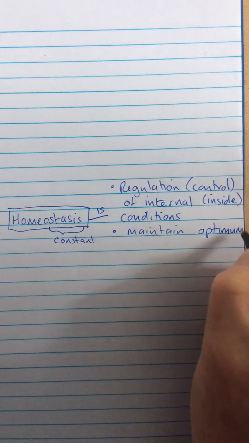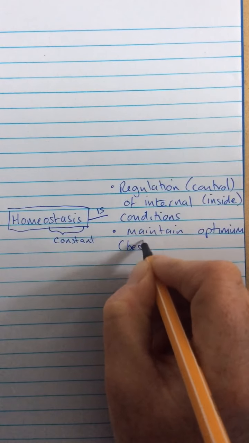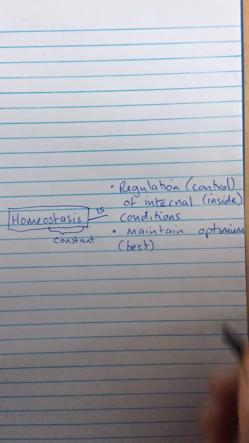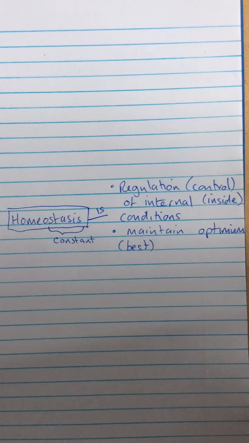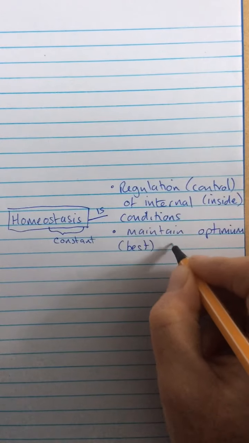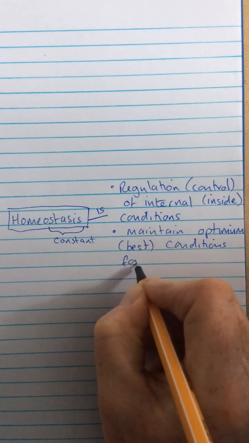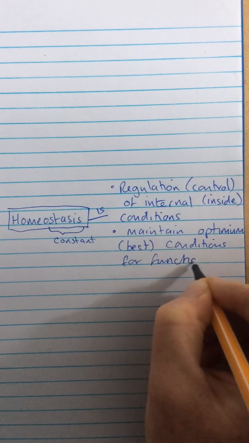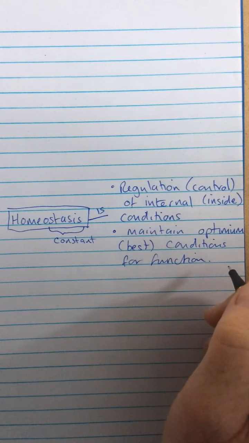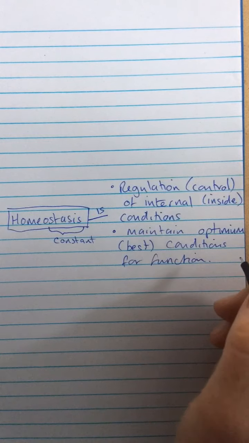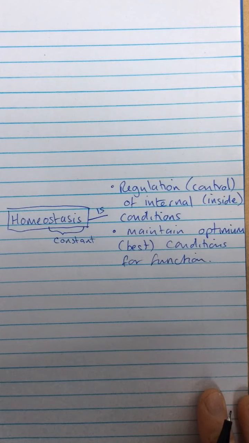Optimum basically means best. So we want to maintain the optimum or best conditions for function. So your body will only function correctly if the internal conditions have been maintained at their optimal levels.